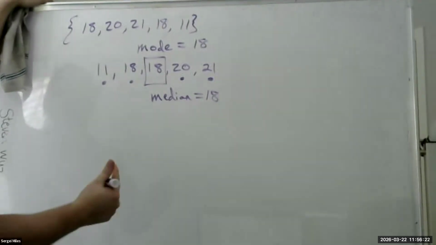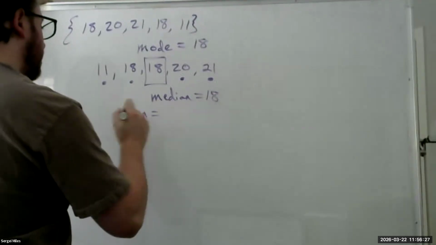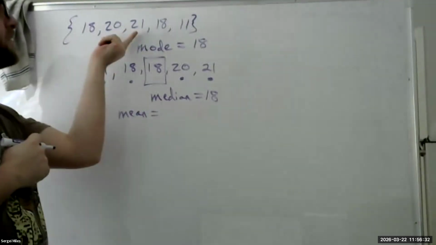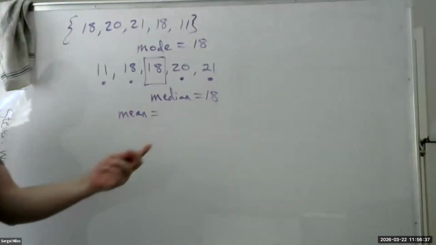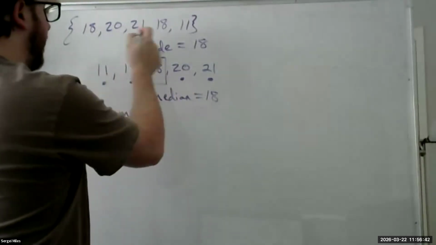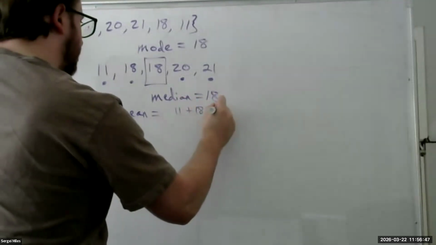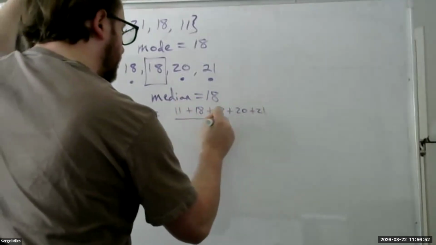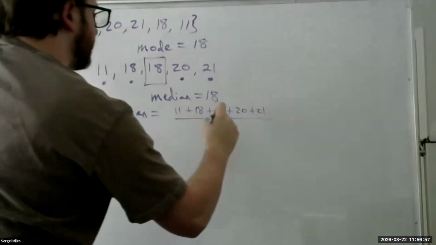But what happens when I try to calculate an average now? In this case, because I have this 11 in here, that 11 is, as you might guess, kind of an outlier for this sample, and it's actually going to pull my average away from the middle. So if you try to calculate this average, I'm going to add up all the numbers, 11 plus 18 plus 18 plus 20 plus 21, and we're going to divide by, it has a sample size of 5.